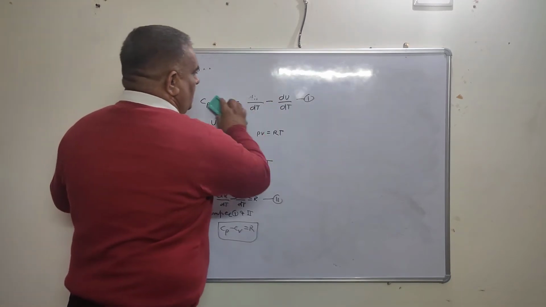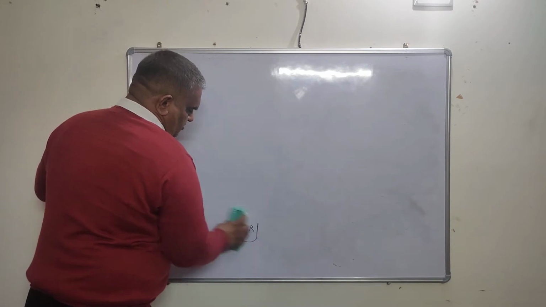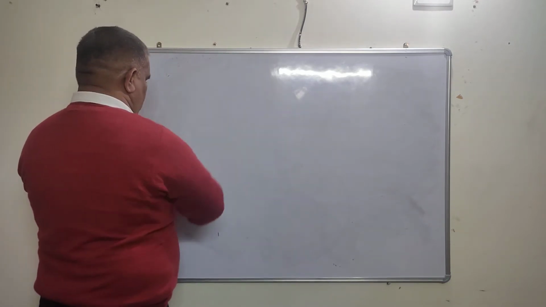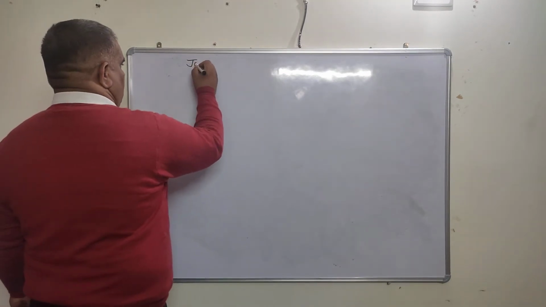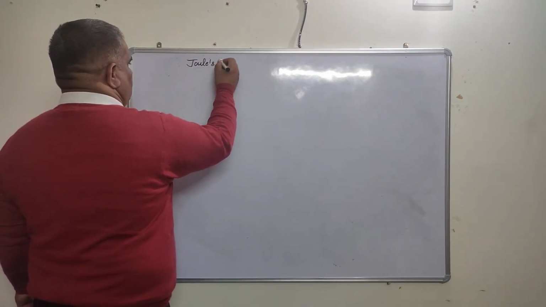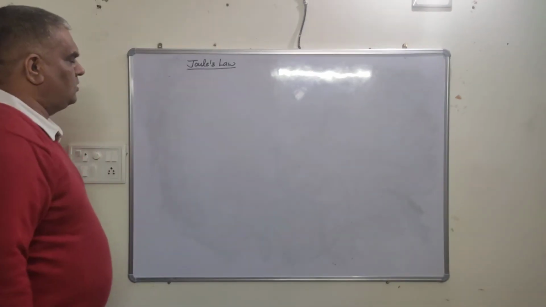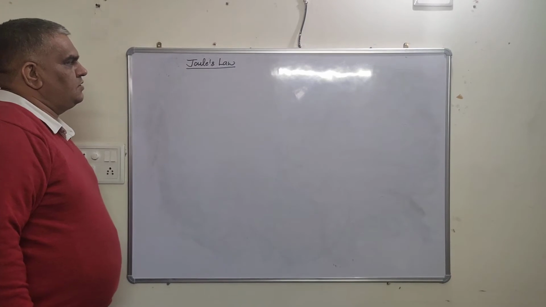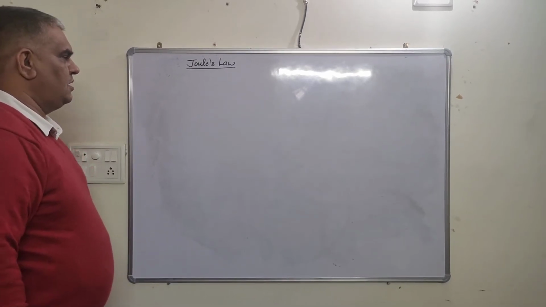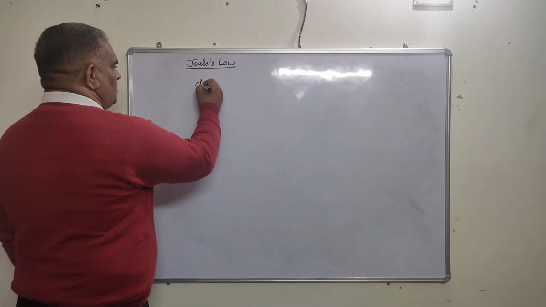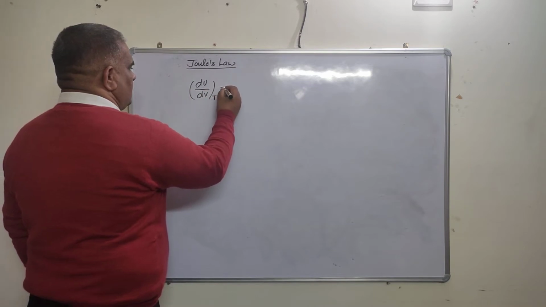Next is Joule's law. Joule's law holds that the internal energy of an ideal gas is a function of temperature only, and Joule's law is dU by dV at constant temperature equals 0.